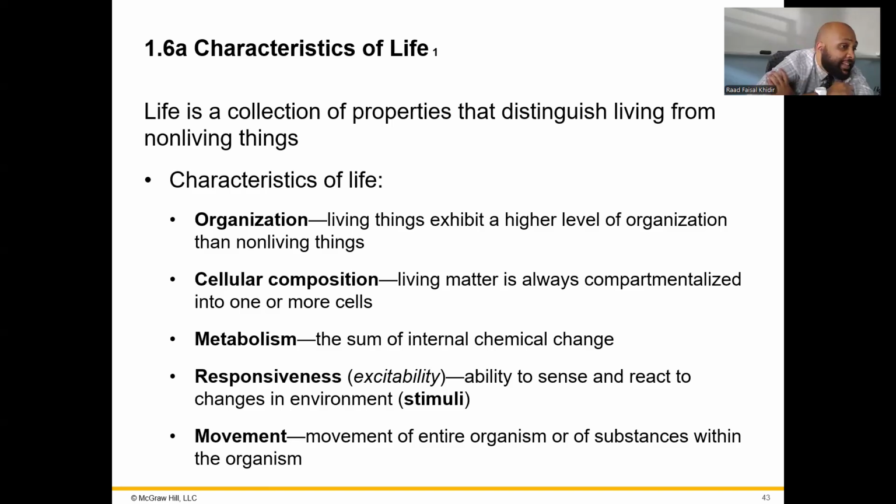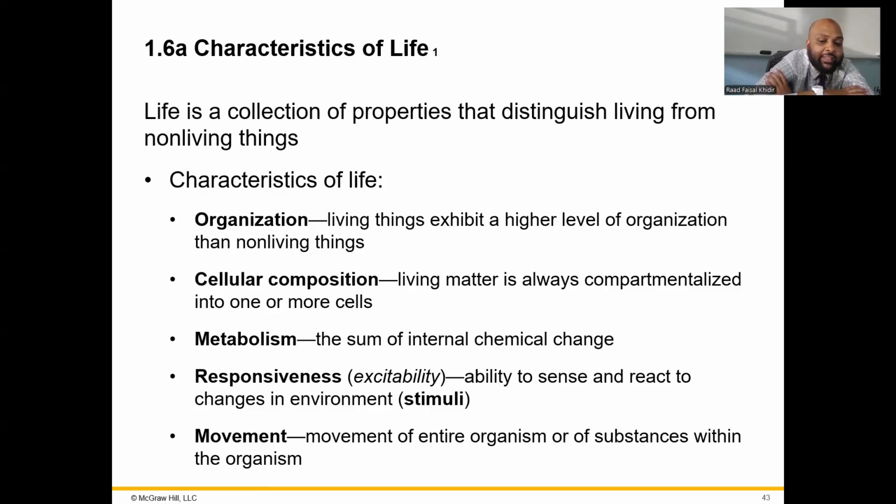Then responsiveness: excitability, reflexes, restoring homeostasis. So the ability to sense. A sensor is number one in the sequence of events that we use as a negative feedback to restore homeostasis. Who knows the answer? What does responsiveness say?